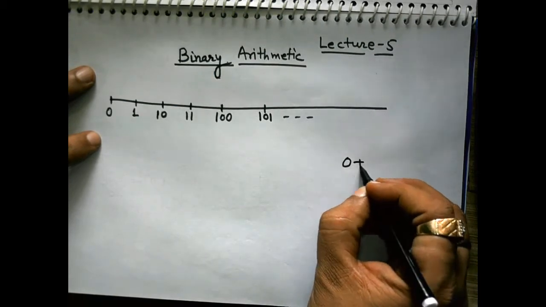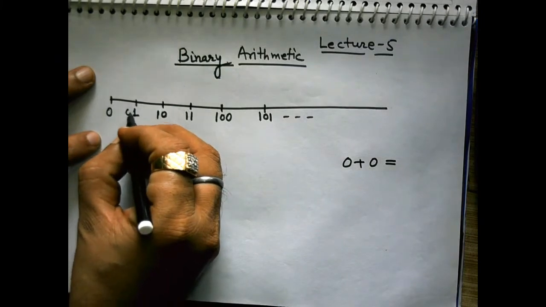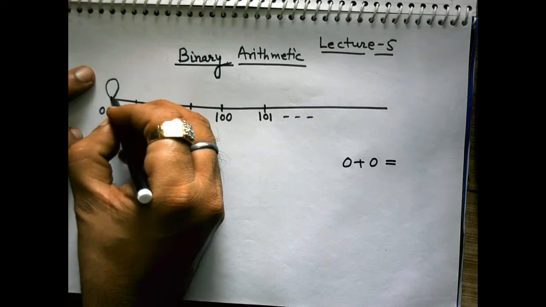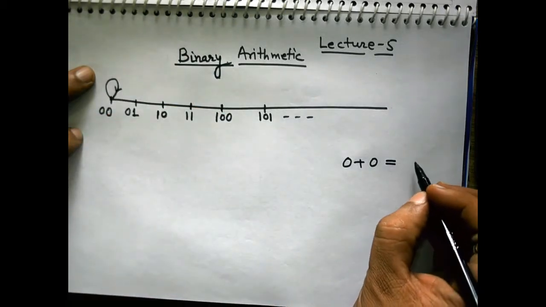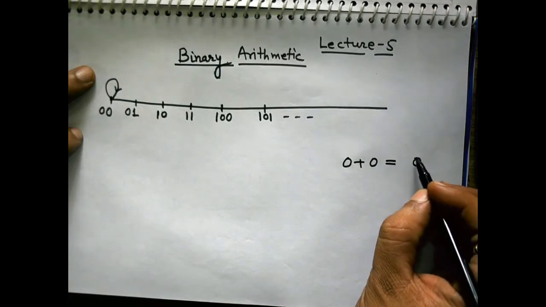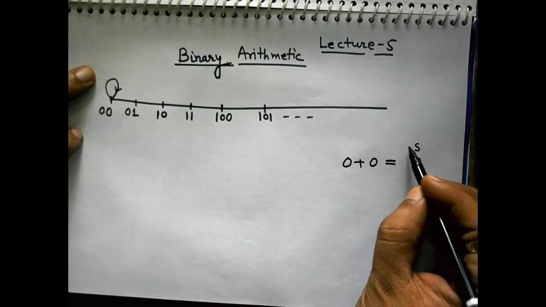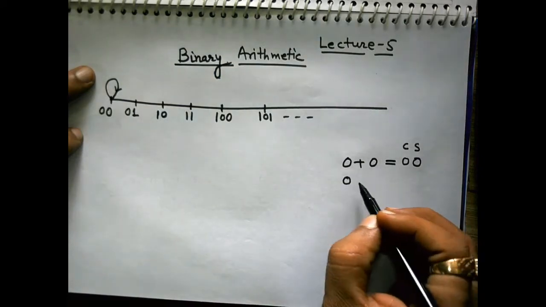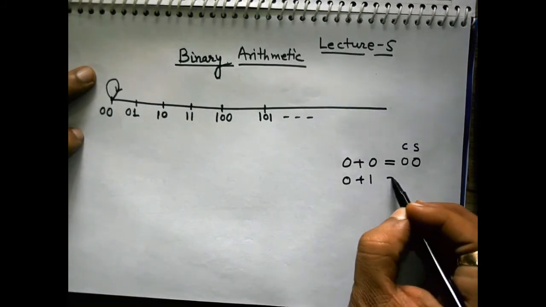Suppose we add 0 with 0. Adding 0 with 0 means starting from this 0 point and ending at this 0 point. So naturally we will reach a sum value which is 0 and a carry value which is 0.